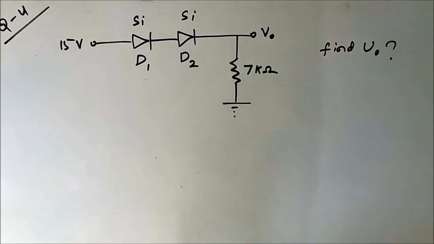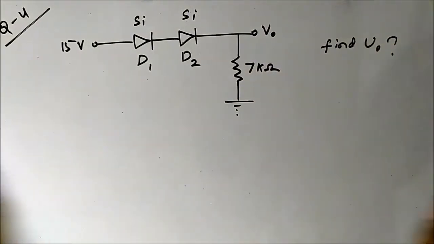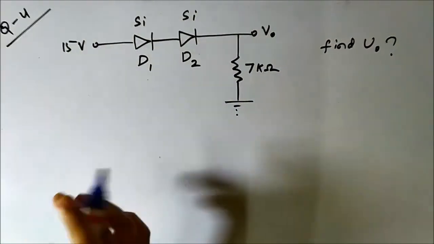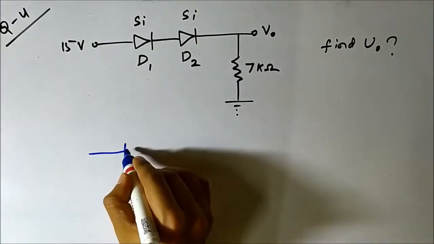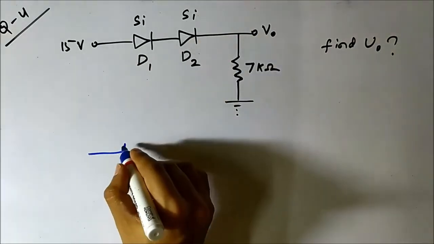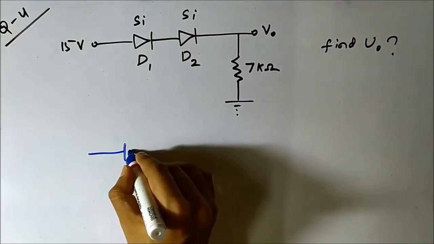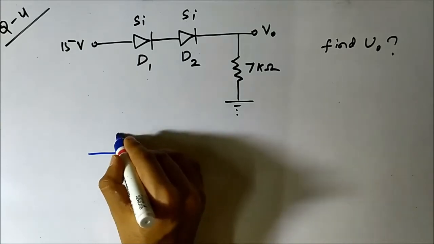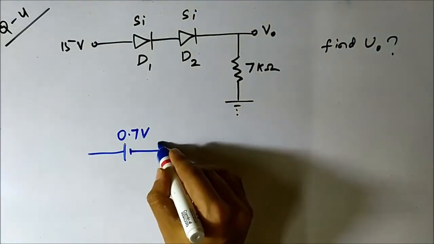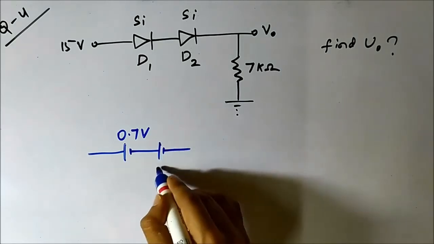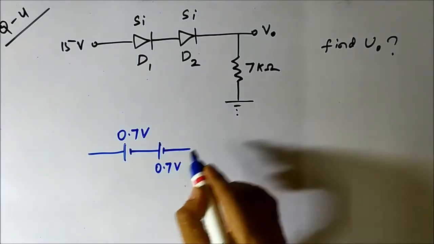So we'll go with the second method here. We will replace the diodes with their equivalent circuit representations, assuming that they are on. Diode D1 will be replaced with its equivalent built-in potential, which is 0.7 volt for silicon. Diode D2 also the same, 0.7 volt.